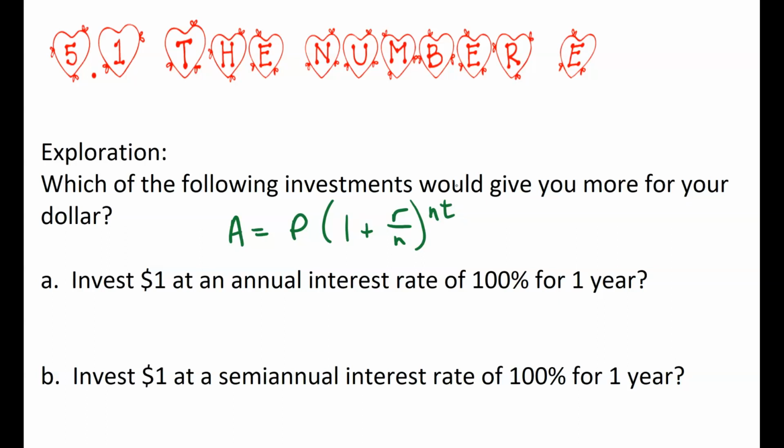Okay. So what I want you to now do is we're going to say that we're starting with an investment of $1, which would represent what in our equation? That's the P. And we're going to do an annual interest rate of 100%. It's only 1 year. And again, it's annual, so we're only compounding one time, which means what does n equal to? 1. Okay.